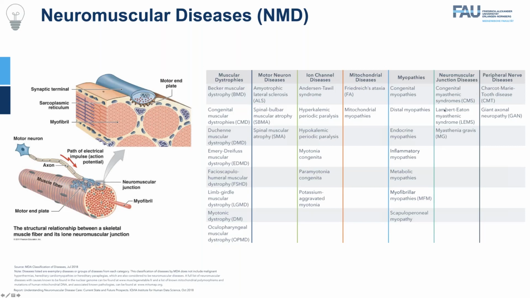So this is a really big group of heterogeneous diseases. And today I would like to show you two examples of these groups. One is Duchenne muscular dystrophy, which is a muscular dystrophy, so really a disease which happens directly to the muscle, and the other is a motor neuron disease, which has a secondary effect on the muscle. And I will try to show you some results in these two fields.